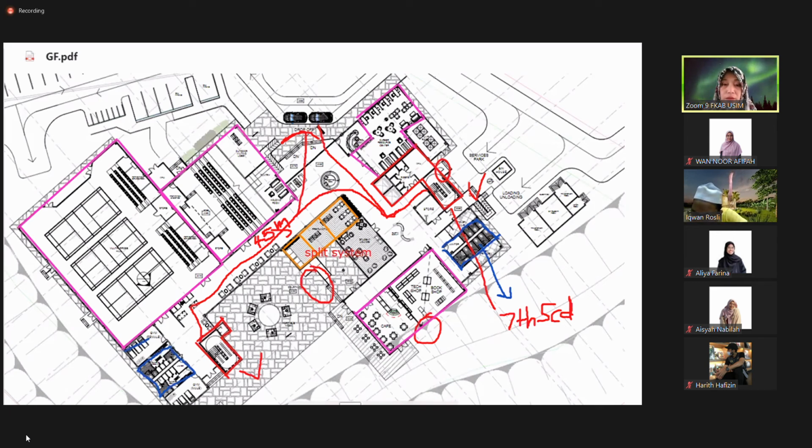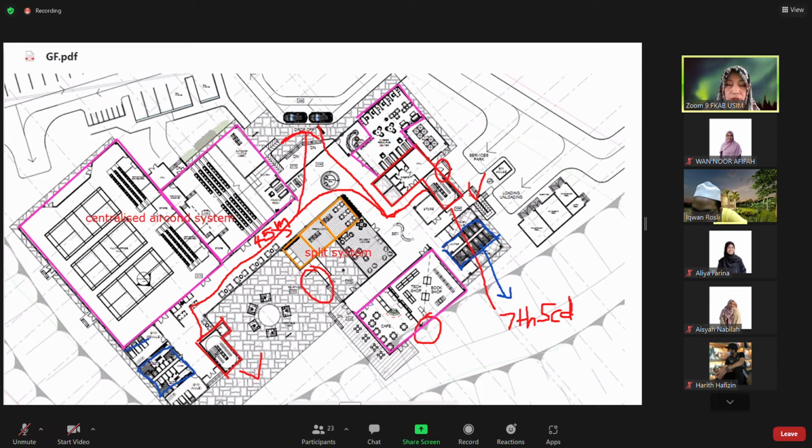Okay. And of course, you boleh screenshot kat sini. I buat kat sini, centralized icon system.